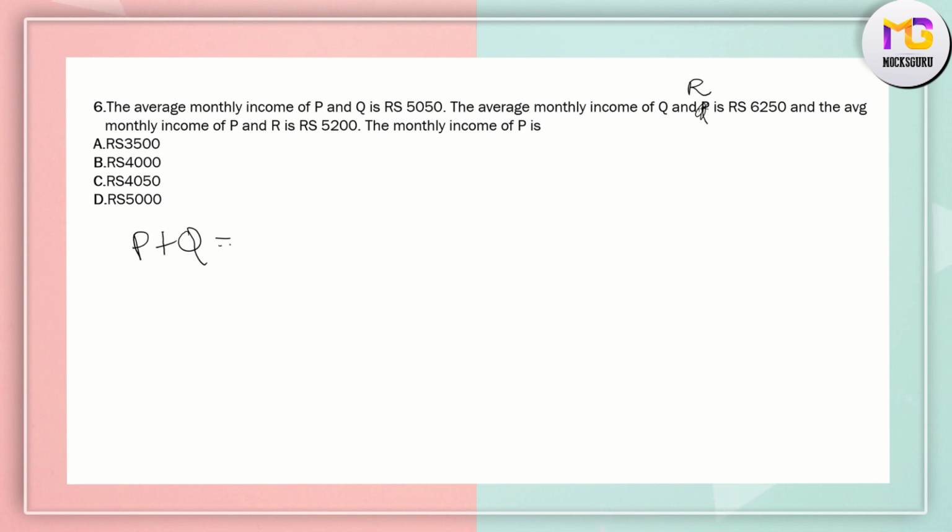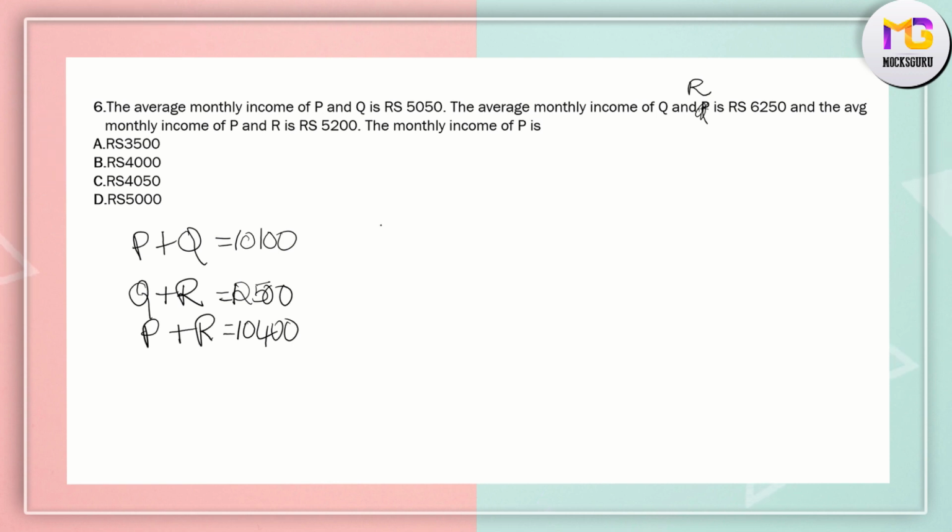So P plus Q is equal to double of 5050, which is 10,100. Then Q plus R would be 12,500. Then P plus R is 10,400.